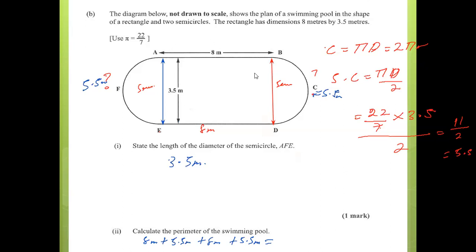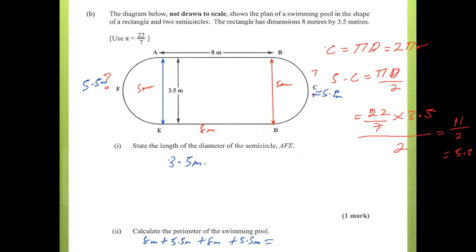So I just want to make a point here that from here to here is 1 semicircle, and this side is also another semicircle. So I can find the length of the circumference from D to E, which will give me 5.5, and I can find also A to E, which also will give me 5.5. Now add up everything, and that will give me the perimeter per se.